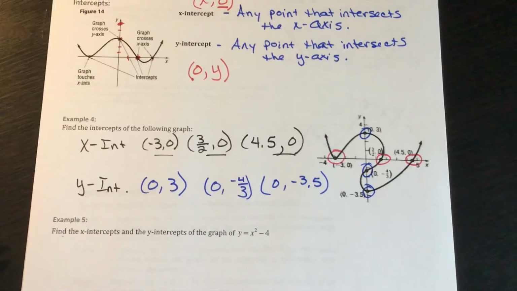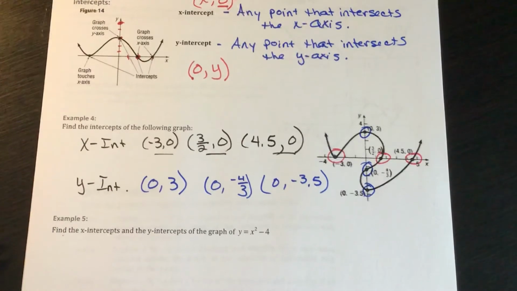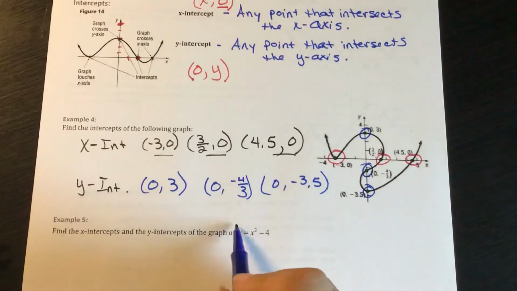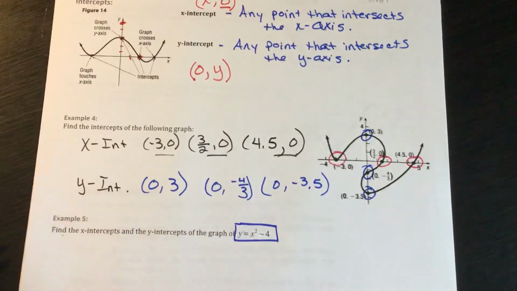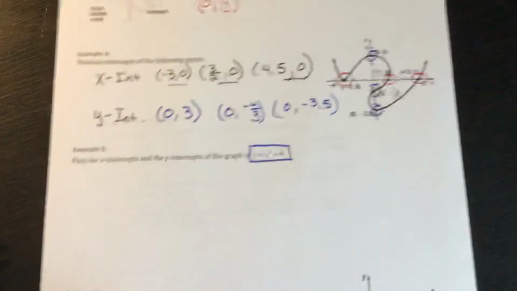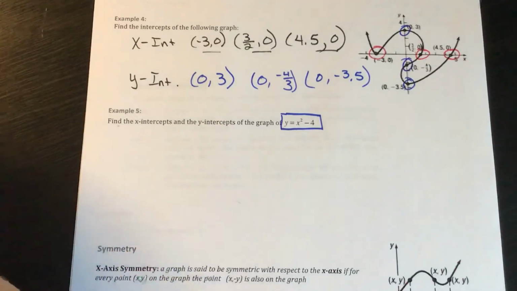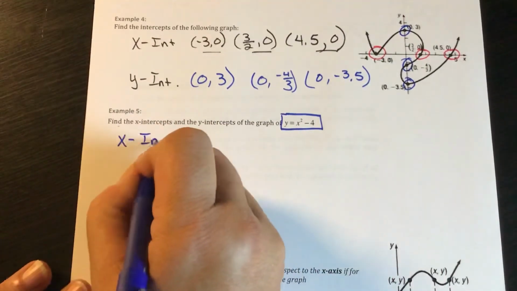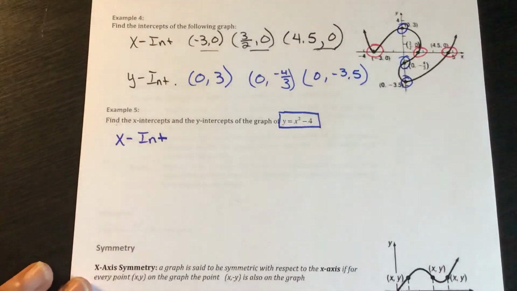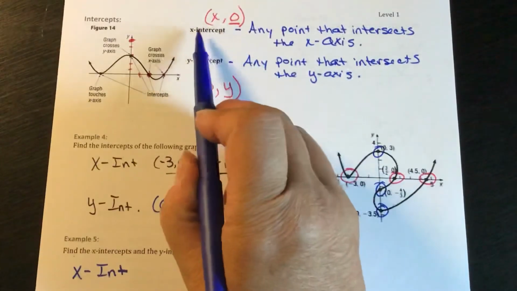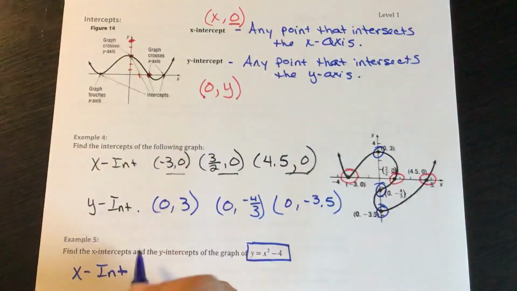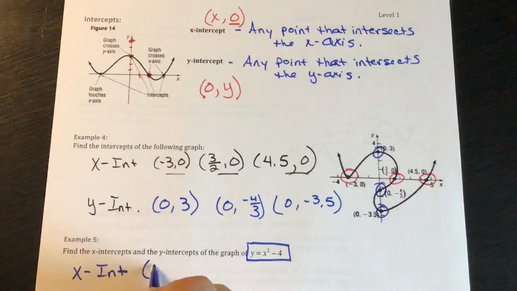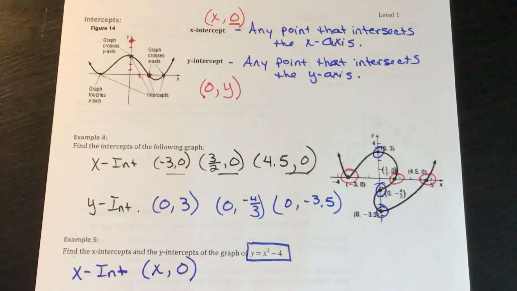Example 5 says to find the x-intercepts and the y-intercepts of this graph. So I'm going to do this without graphing. So the first thing I'm going to do is find the x-intercept. And I know from back here, if I have an x-intercept, I'm going to have an x value and the y value is going to be 0.